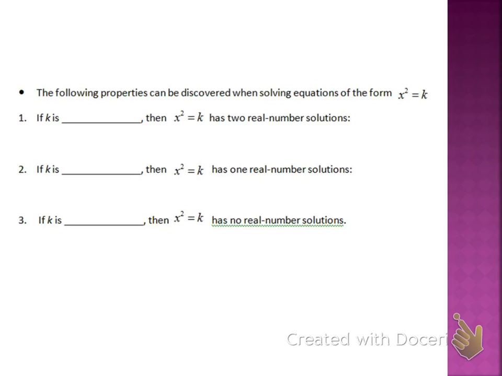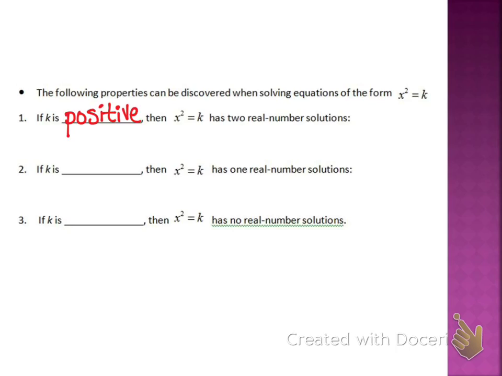I know this is small on the screen, but you've got it on your page in front of you, so we just have to fill in these blanks. The following properties can be discovered when solving equations of the form x squared is equal to k. If k is positive, then x squared equals k has 2 real number solutions.